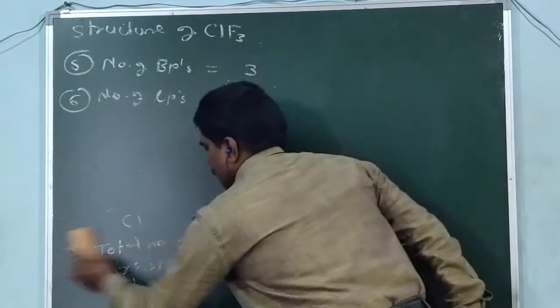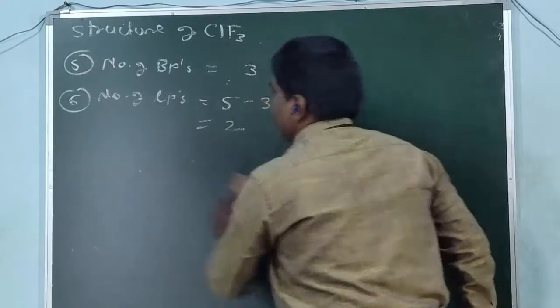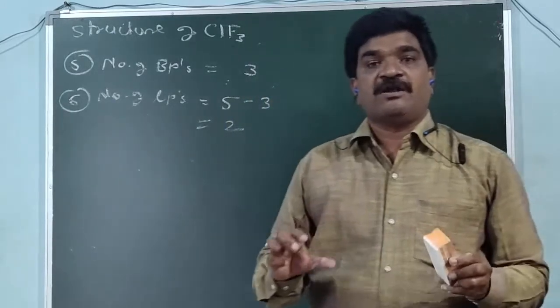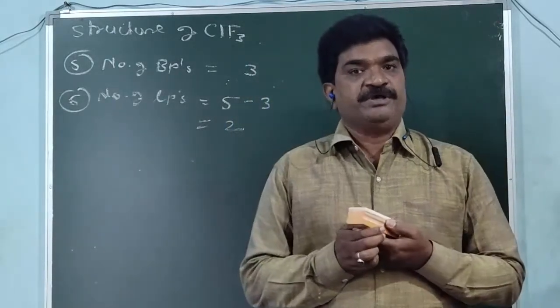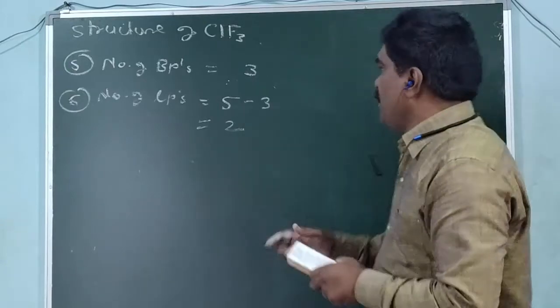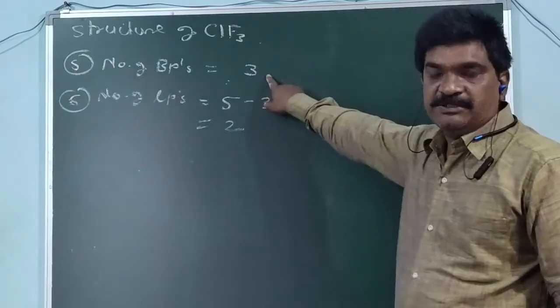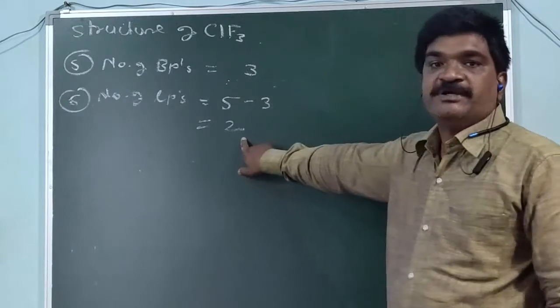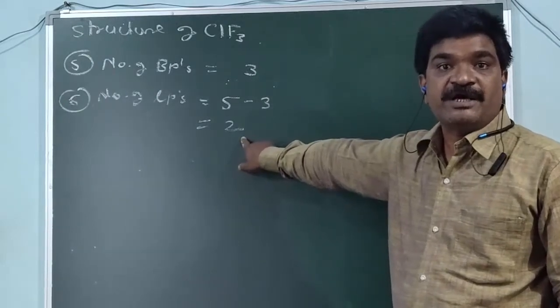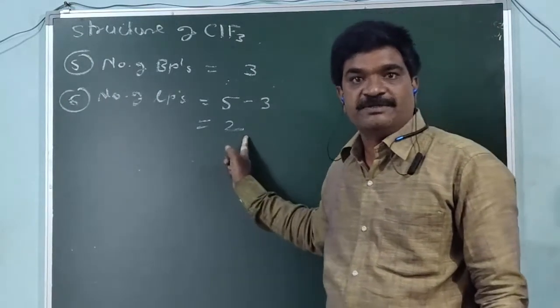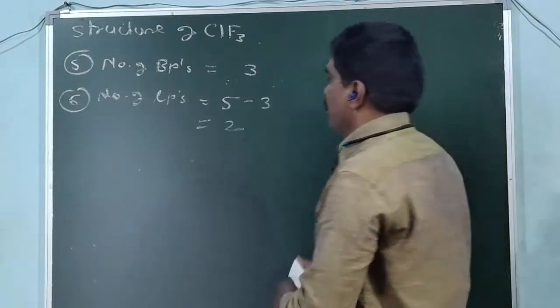Now dear friends, in ClF3 there are total 5 electron pairs, out of which 3 electron pairs are the bond pairs and 2 electron pairs are the lone pairs.